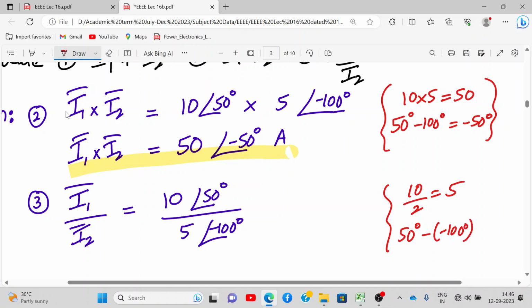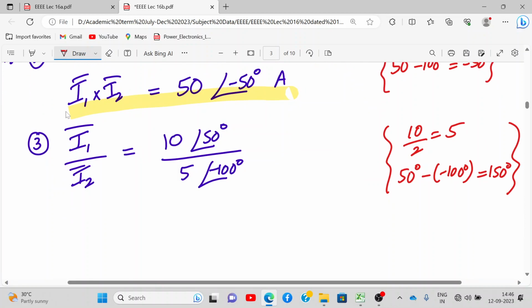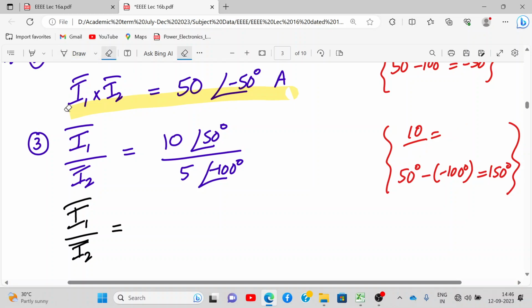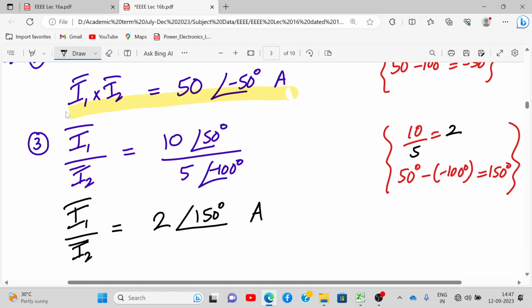So 50 minus 100, that will be minus 50. Got it? So what will be the answer? I1 divided by I2 will be 2 angle minus 50 degree. And that is the answer.